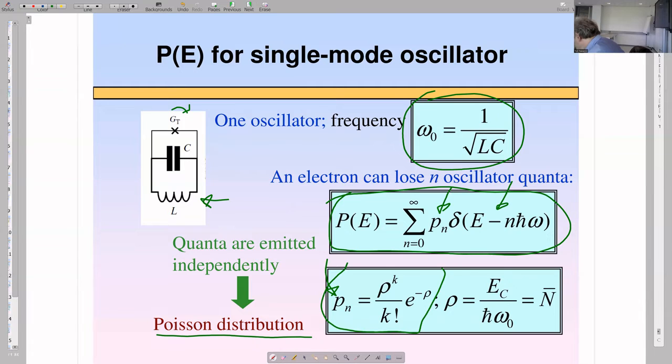Here it is, where rho is a parameter of Poisson distribution, which is eventually the average number of quanta which a tunneling electron can emit.